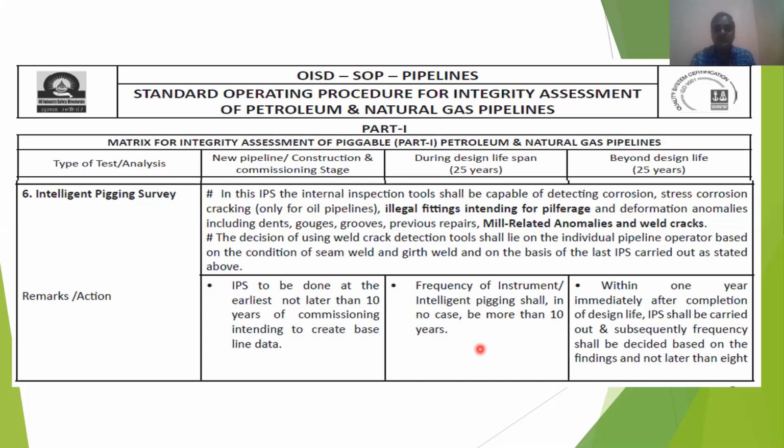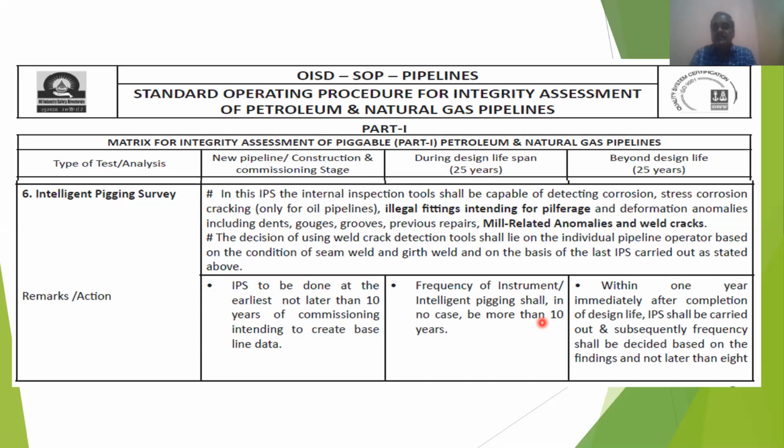That means you carry out the first pigging after commissioning before 7 years, then the second pigging after maybe another 9 years.